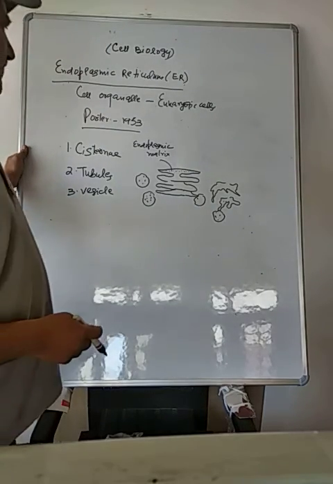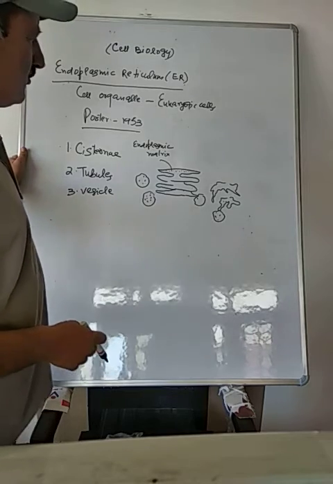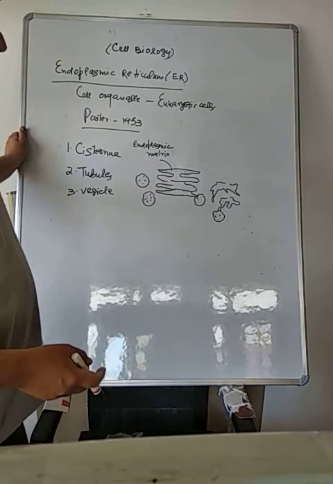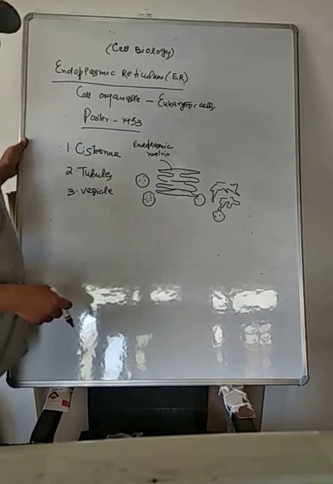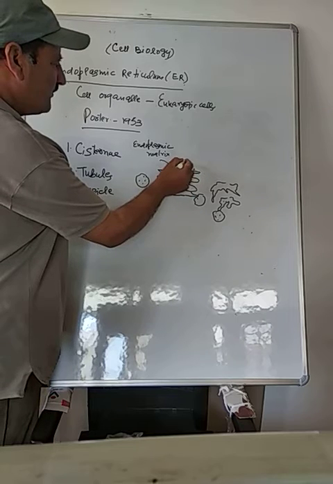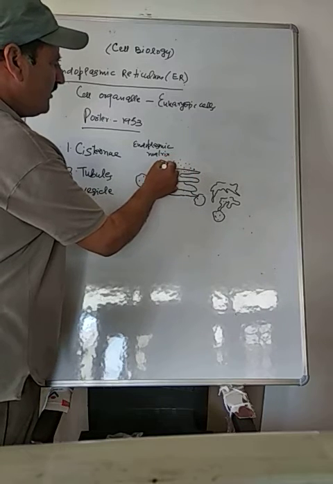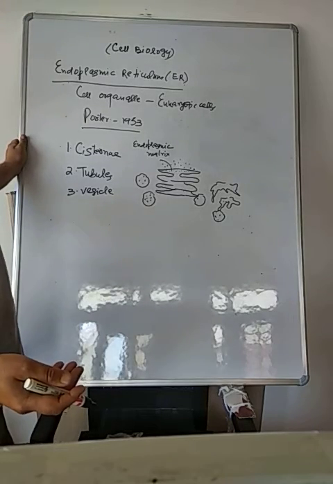If you examine the endoplasmic reticulum deeply under an electron microscope, you will see that in some cells the endoplasmic reticulum has small granules on its surface, just as this, and it looks rough with the presence of those granules.